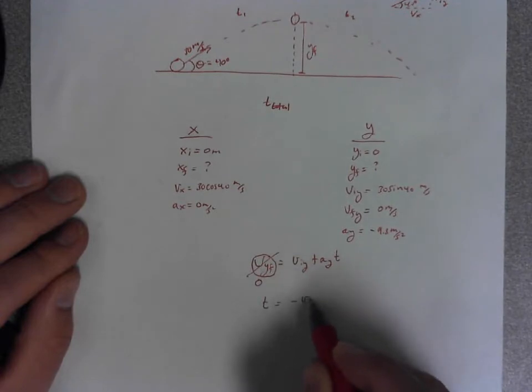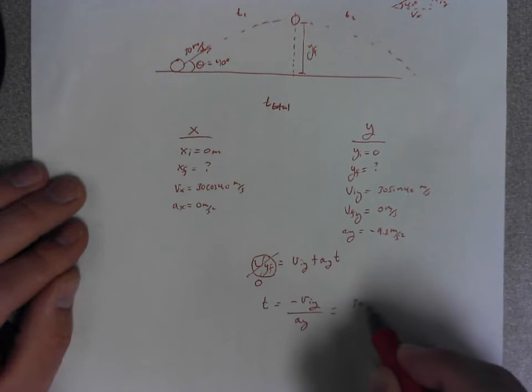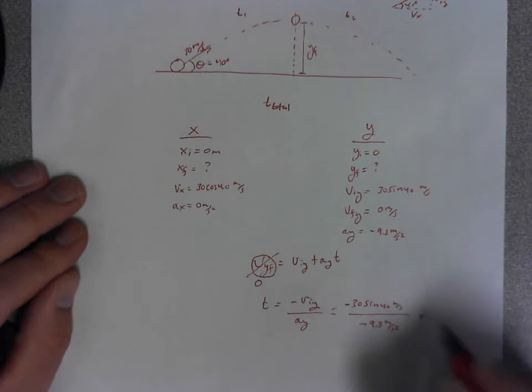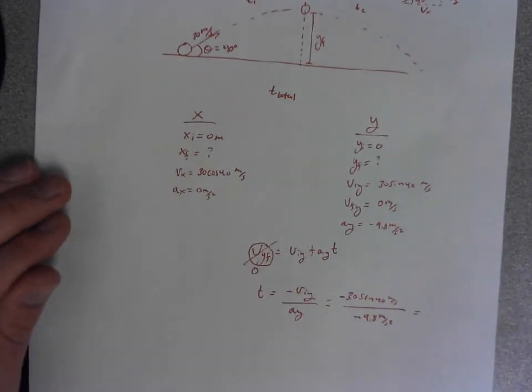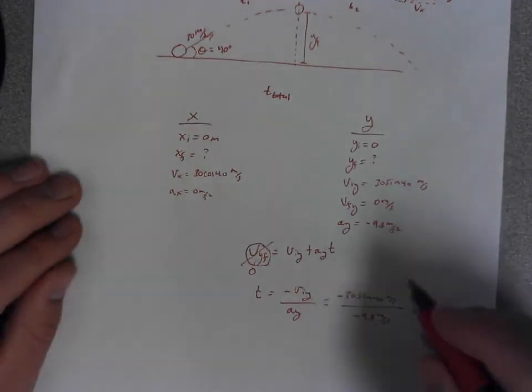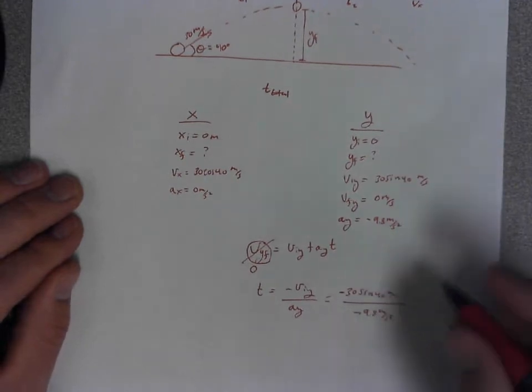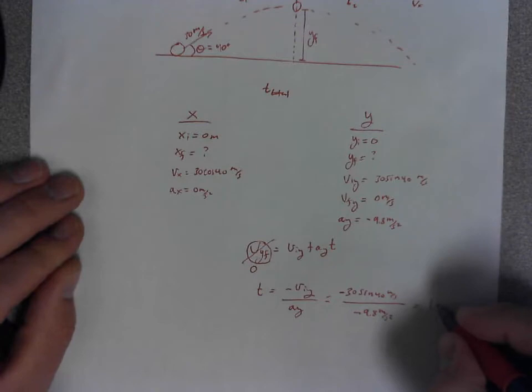You're going to get negative Viy divided by ay. I'm going to plug in some values: 30 sine 40 meters per second. That's going to be negative because of that negative. And then I've got negative 9.8 for my acceleration. Plug that in, and that comes out at 1.97 seconds.